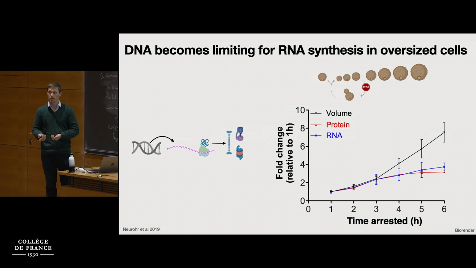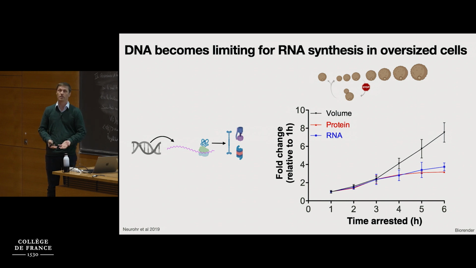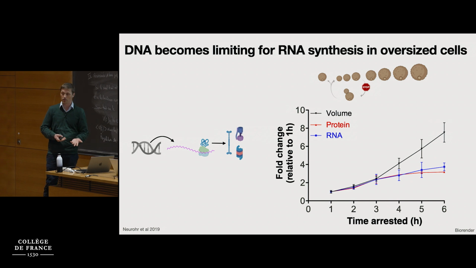And this is where we made a discovery that was quite surprising to us. When cells grow larger, they at some point attenuate protein and RNA synthesis. So for some reason they cannot produce more RNA and protein. We think that this is because they run out of DNA template, that somehow the DNA becomes limiting for RNA production.